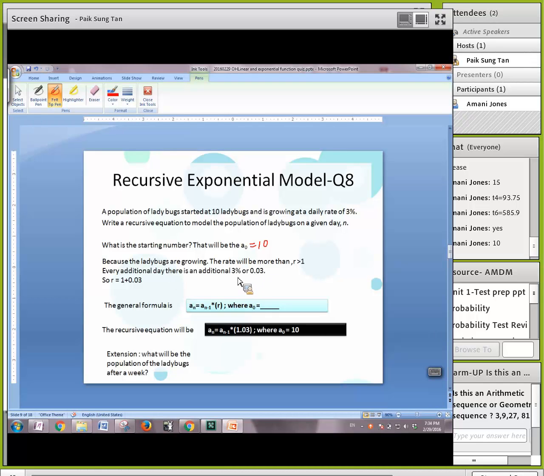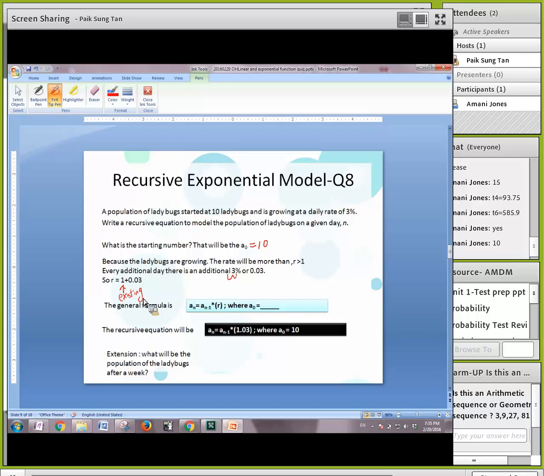So every additional day there is an additional 3%, and make sure you change the percent to a decimal number. You're moving 2 spaces to the left to make it a decimal number. So r is equal to 1 plus 0.03. The 1 means whatever is existing, right? The existing is always 100%, and then you grow 3%, so you add another 3%. After that, the new amount you will consider as 100%.